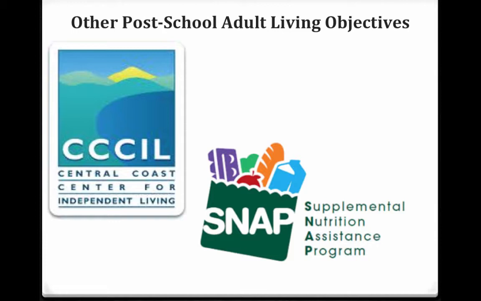Every state has a parent education network system. Every state has a division of vocational rehabilitation network. There are a multitude of omnipresent types of resources available to us, and then there's also, of course, locally run types of support services as well.